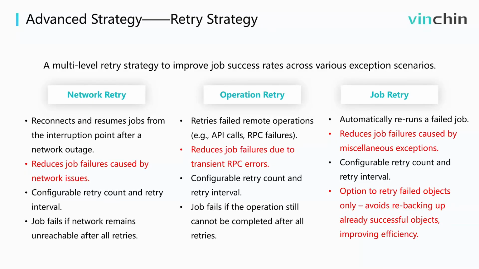The network retry just reconnects and resumes the jobs from the interruption point after a network outage. The operation retry retries the failed operations. And the job retry automatically reruns the failed job. It is easy to set, and very useful in your job to prevent some accidents.